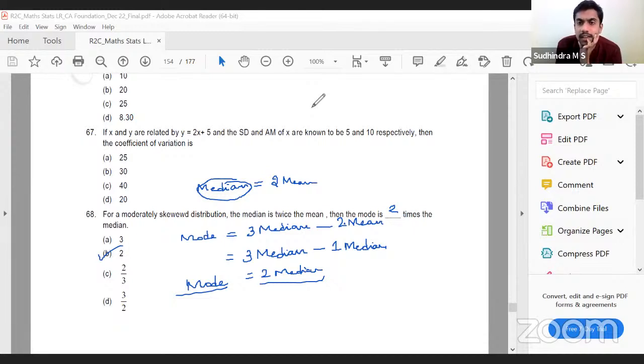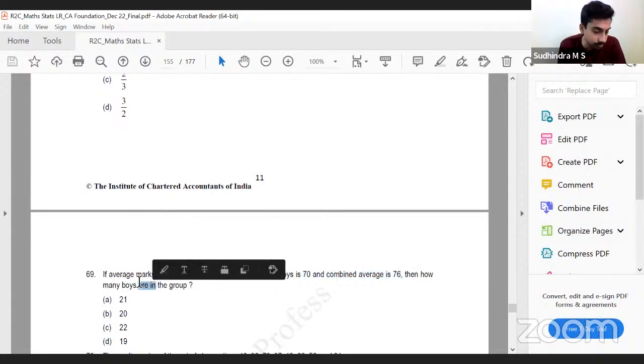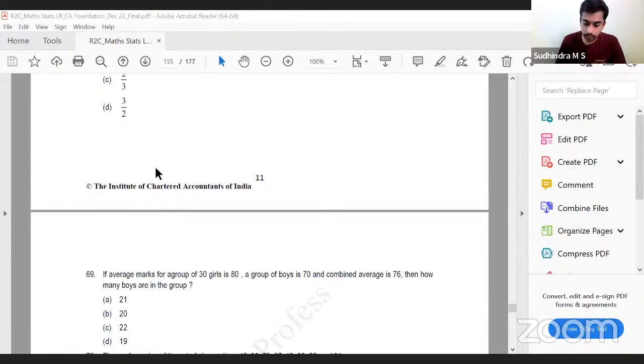This is question 68. Next question. If average marks for a group of 30 girls is 80, group of boys is 70, combined average is 76, how many boys are there in the group? 20.